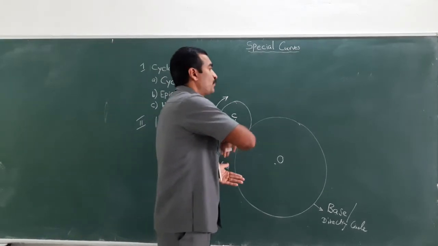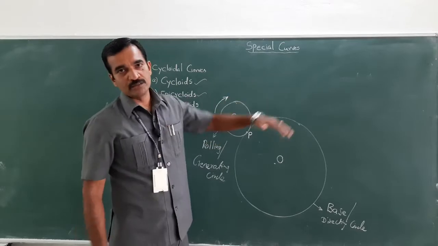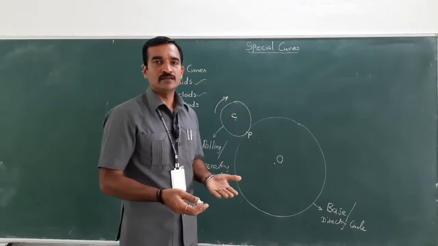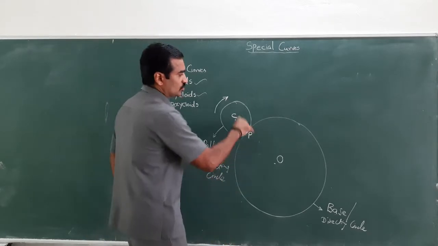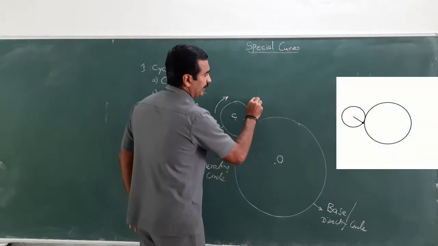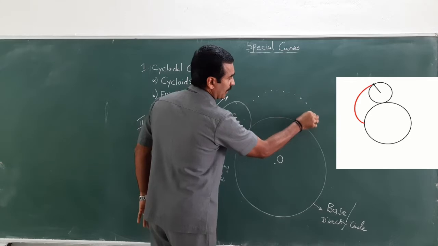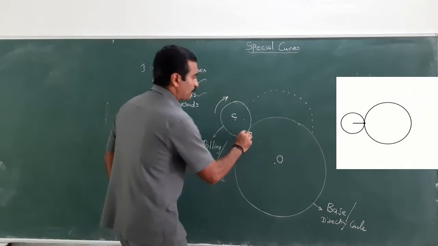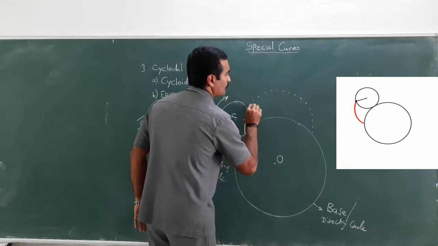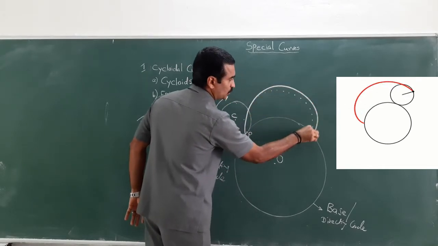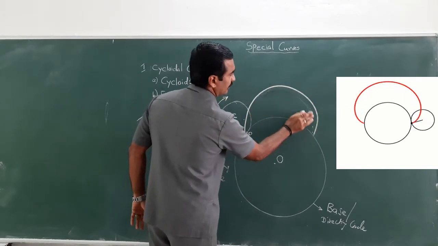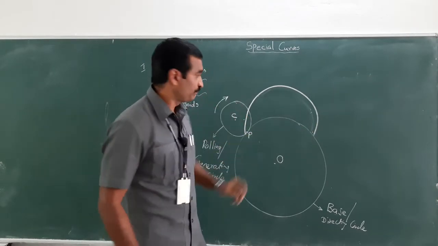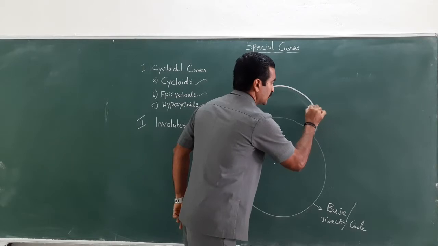So when I plot all the points, I could get a curve which is nothing but the epicycloid curve.